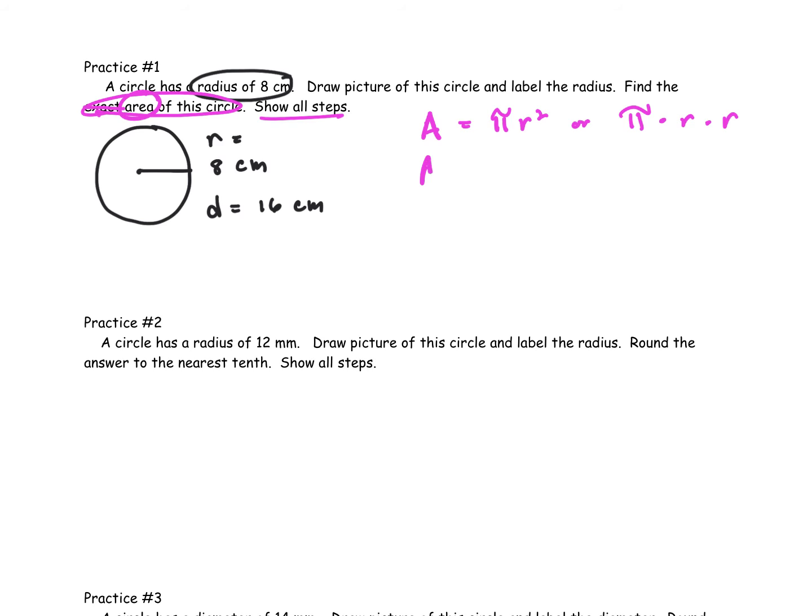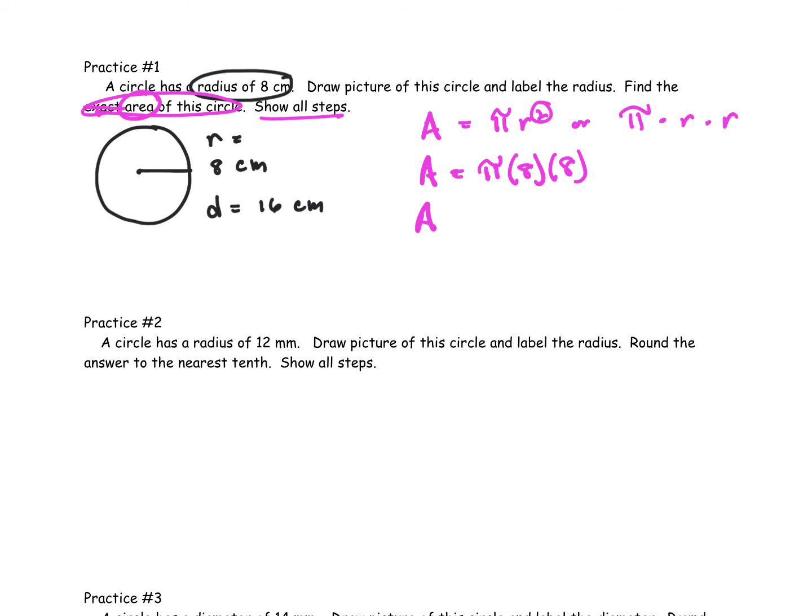So now we substitute. We're not allowed to substitute for pi because they said exact answer. So the pi symbol is going to stay in our math. And then we're going to multiply times the radius, which in this case is 8. And because it's squared, I need to multiply another 8.